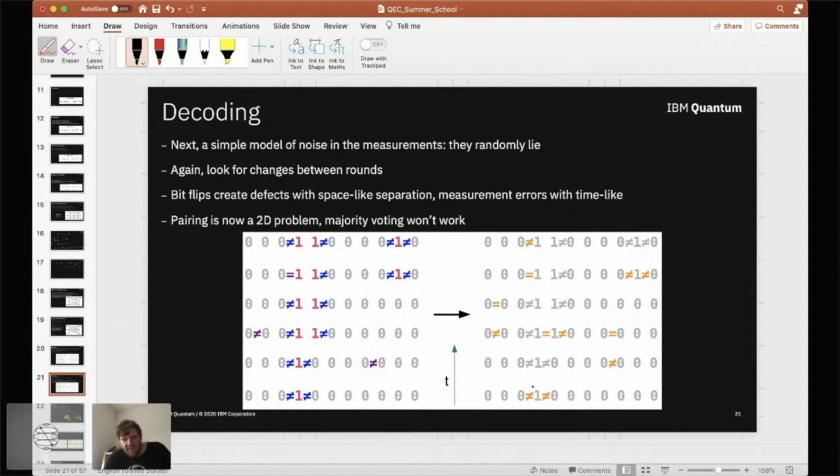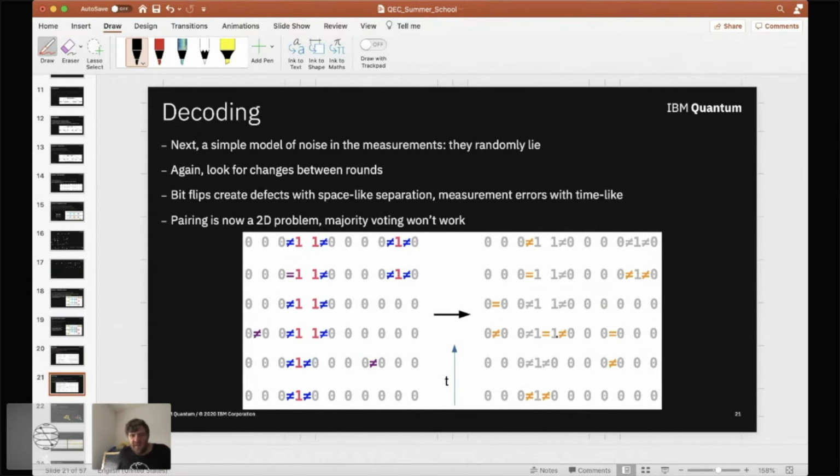But rather than being what we might call spatially located, as with an error that's flipping a bit at different places along the line, they are what we might call temporally located. They're in different measurement rounds, but they're still pairs. And so we can still go through this and say, okay, that's probably an error here. This is probably a signature that one of the measurement outcomes was lying to us, and so on and so forth.